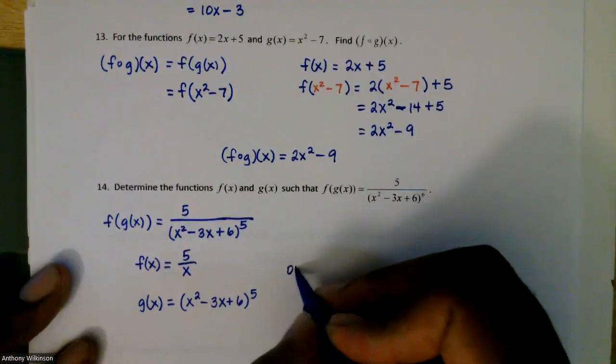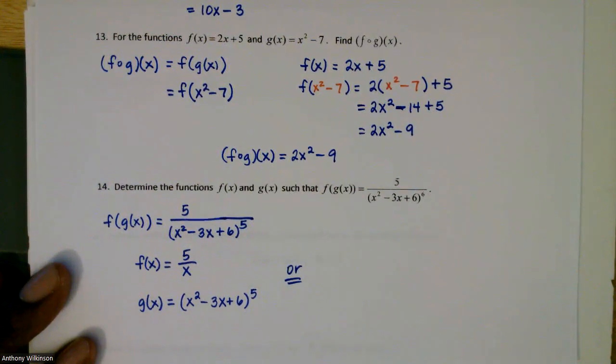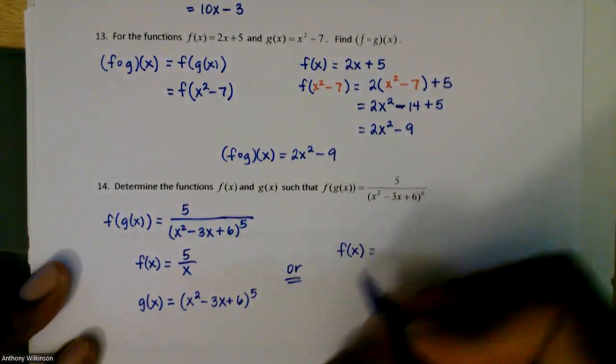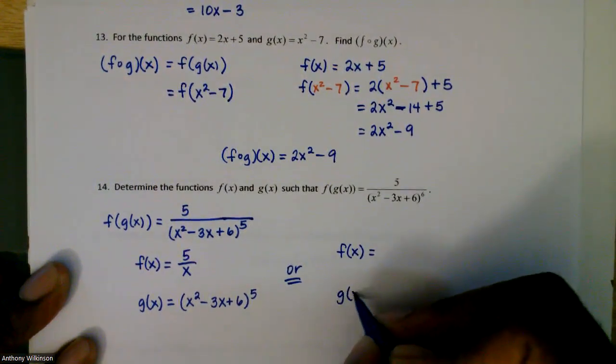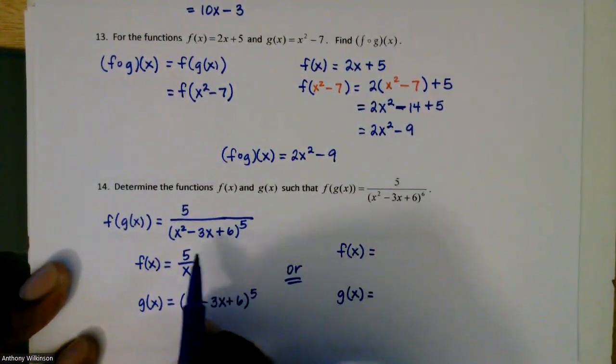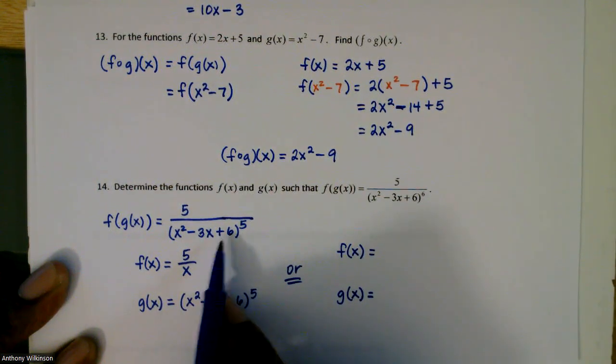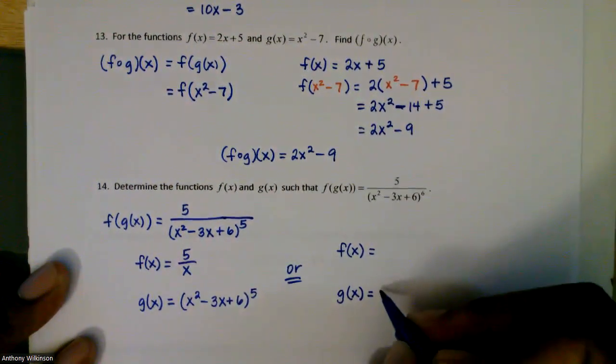Now another way you could decompose that would be something like this. I'm going to write f of x here and g of x. Notice what's inside the parentheses, that x squared minus 3x plus 6. I can let that be g of x.